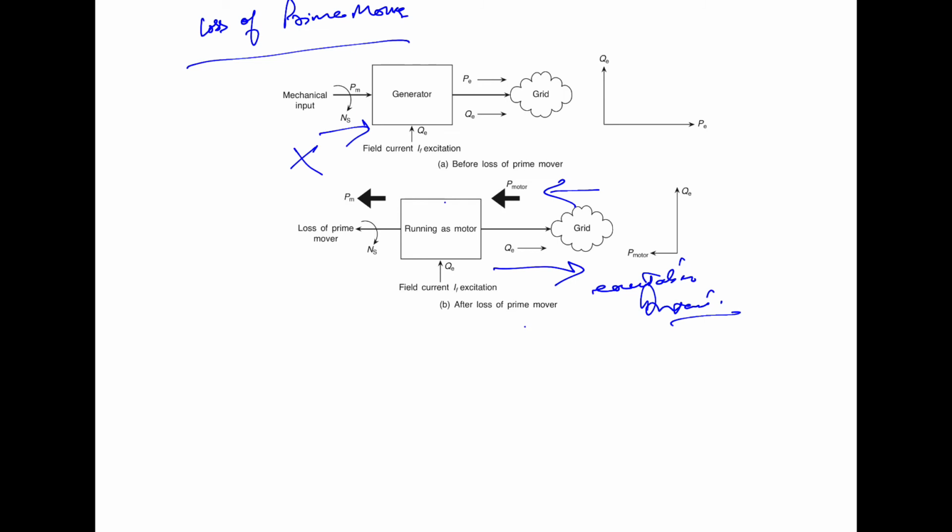So it takes active power from the grid and gives reactive power to the grid. Running in this mode is not harmful to the generator, but it is definitely harmful to the prime mover, like the steam turbine.